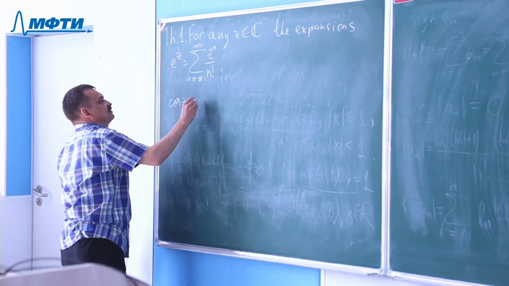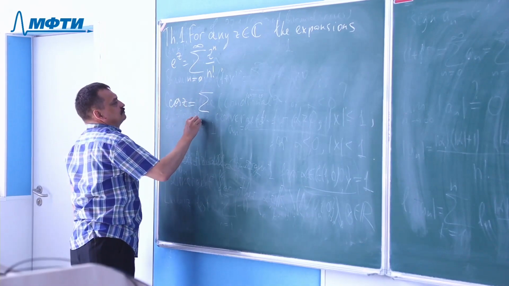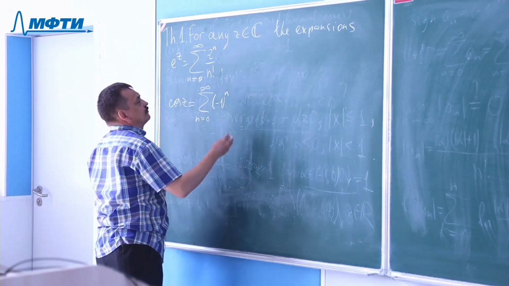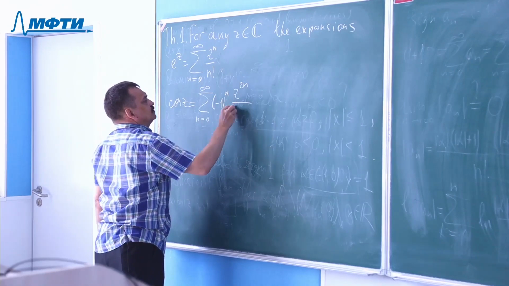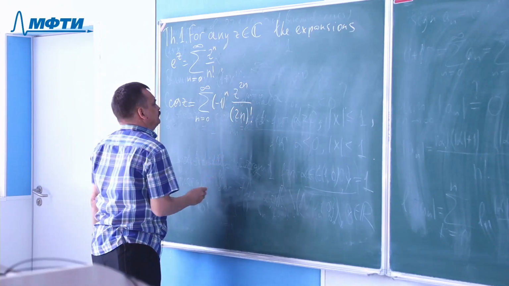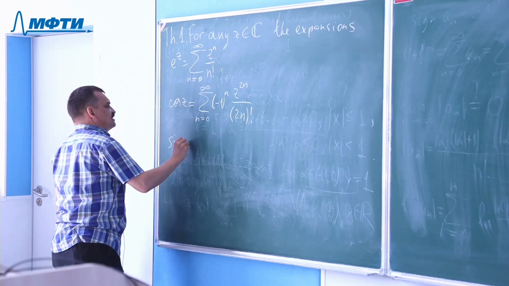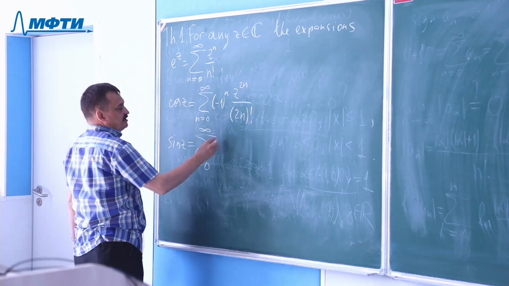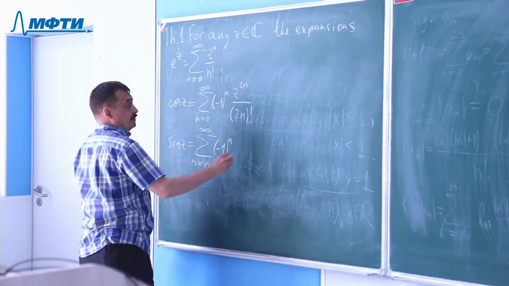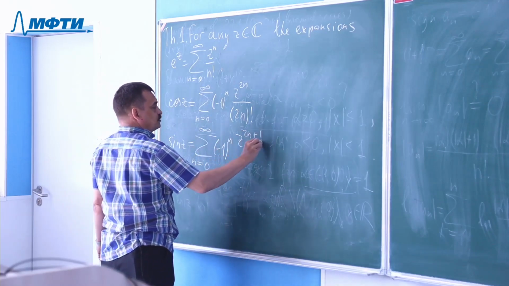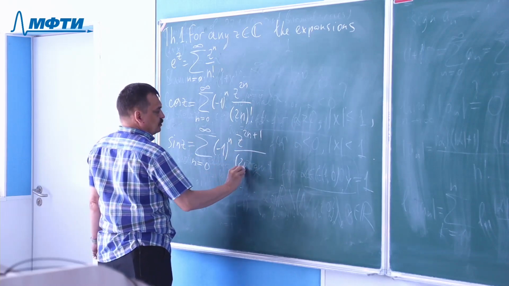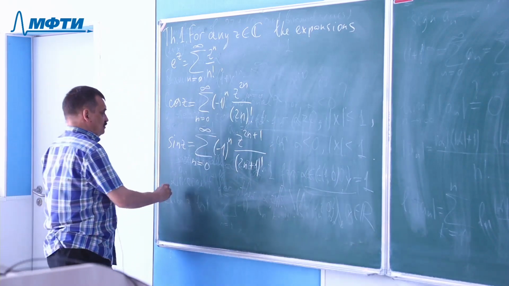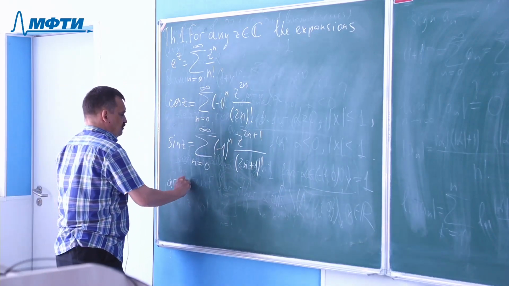Cosine z equals sum of minus 1 to the power n z to the power 2n over 2n factorial, and sine z equals sum 0 to infinity minus 1 to the power n z to the power 2n plus 1 over 2n plus 1 factorial are valid.